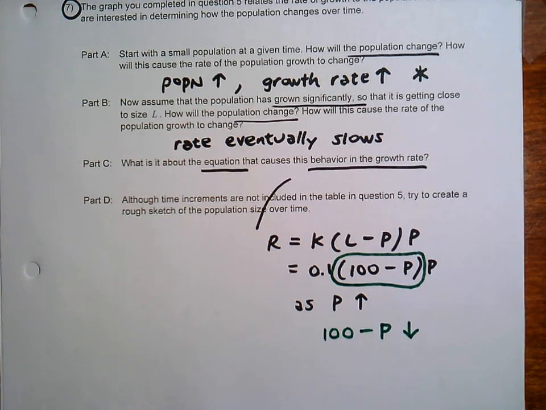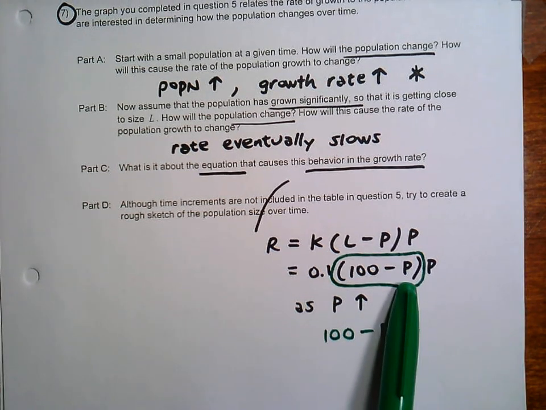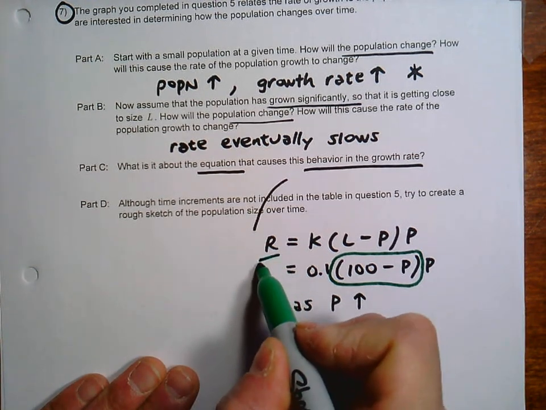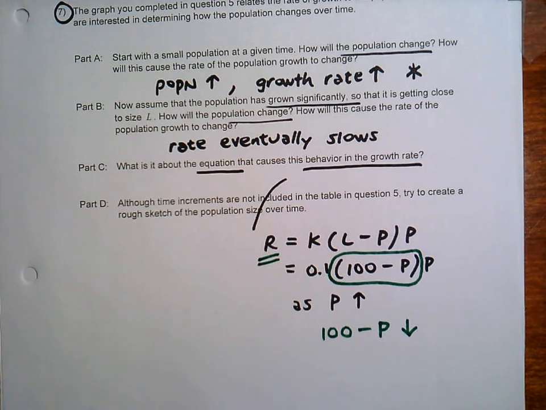That's going to decrease. So as p gets closer and closer to 100, this thing here is getting closer and closer to 0. And that is affecting the rate. So even though the rate is still positive, it starts to drop.